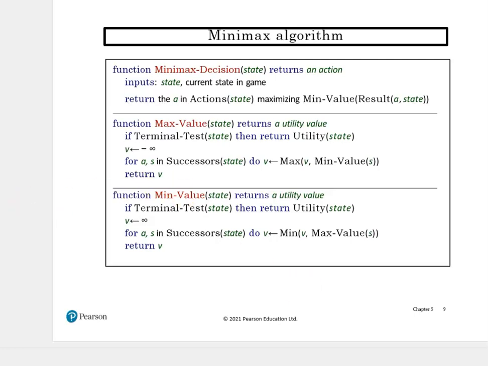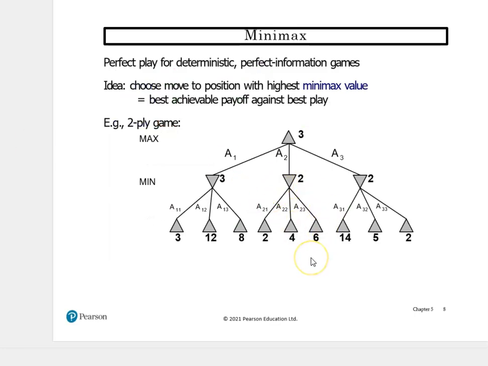If we apply this to this game tree, the first min node has 3 successors. This is the first min node, has 3, 12, and 8. So its min-max value is 3. The other 2 min nodes have min-max values of 2. This one has a min-max value of 2, and this one has a min-max value of 2. So the root node is a max node.